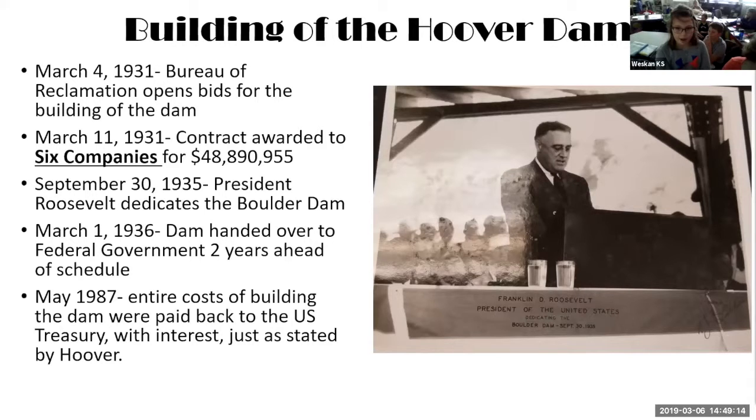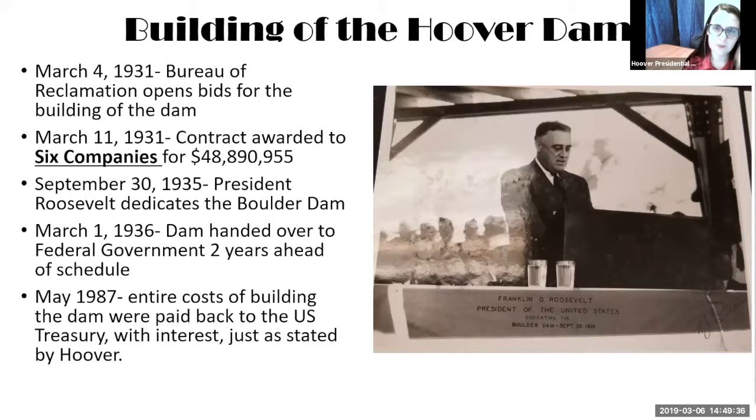Was Hoover popular because he made the dam? Hoover was not a popular president. When he was sworn into office, they called him the most popular man in the world because he was a great humanitarian, and people really, really loved Herbert Hoover.